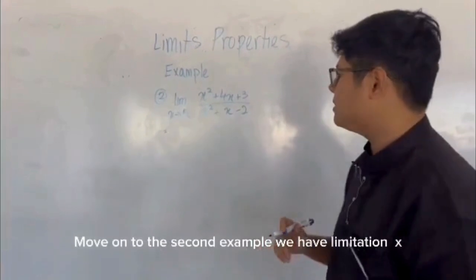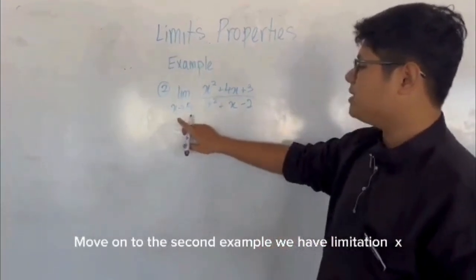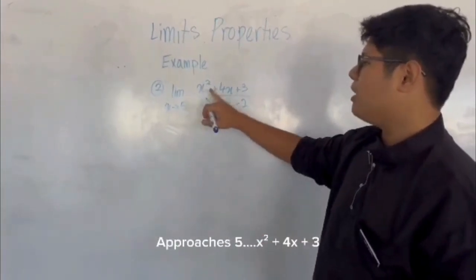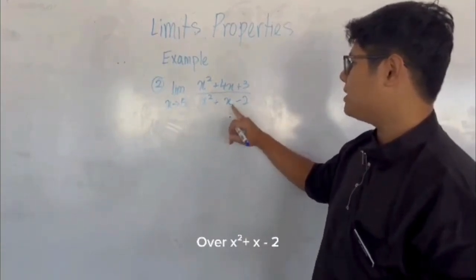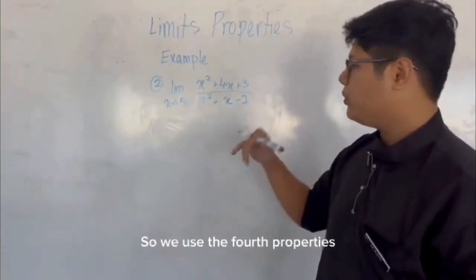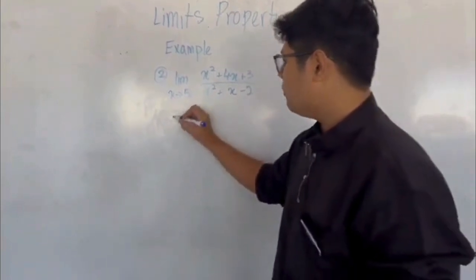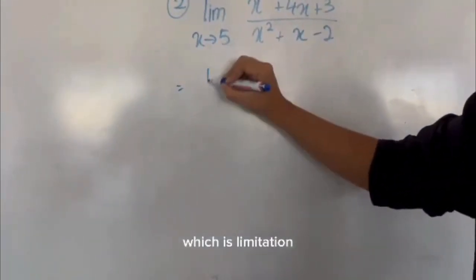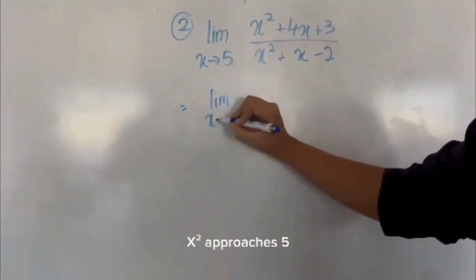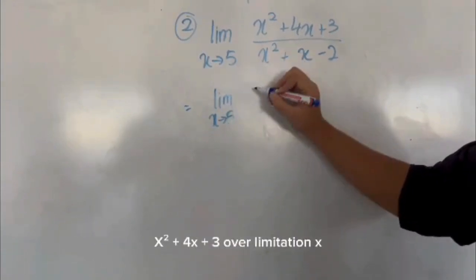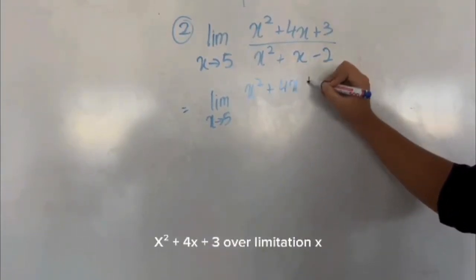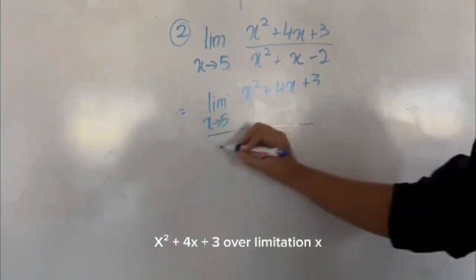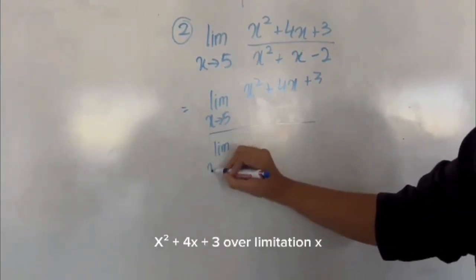Move on to the second example, we have the limit as x approaches 5 of (x squared plus 4x plus 3) over (x squared plus x minus 2). So we use the fourth property, which is the limit as x approaches 5 of (x squared plus 4x plus 3) over the limit as x approaches 5 of (x squared plus x minus 2).